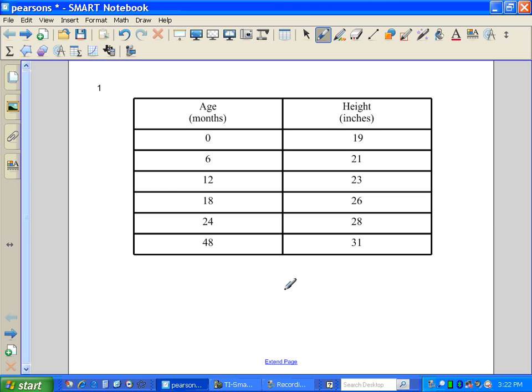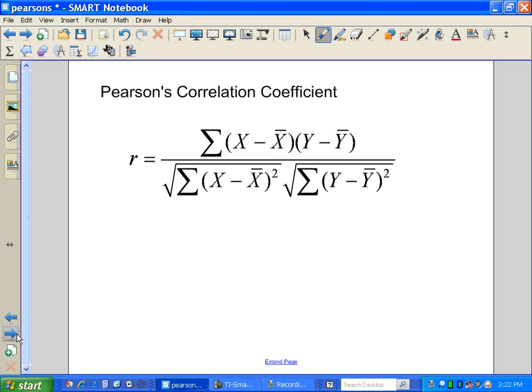If we look at the next page, this is Pearson's correlation coefficient. It looks a little more complicated than Spearman's, and it is because we have a little more data involved, but it's not impossible.